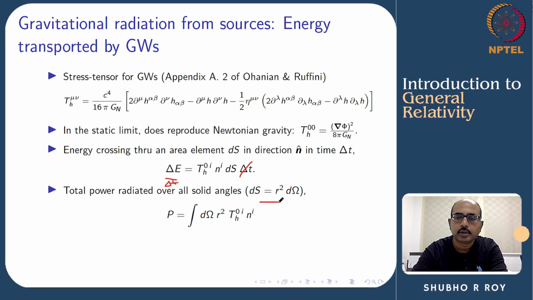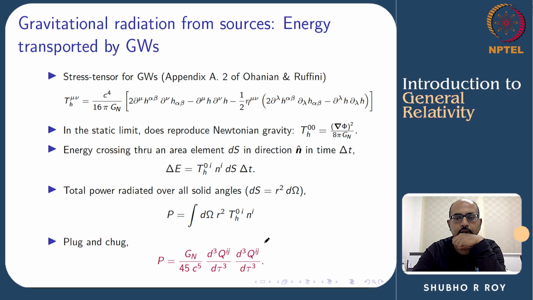For that, I have to write: the energy is obtained at this point R, where this area element is located. The solid angle is d omega, and R is the distance between the source and the field point, of course. So this integral we have to perform, then we get the total radiated power.